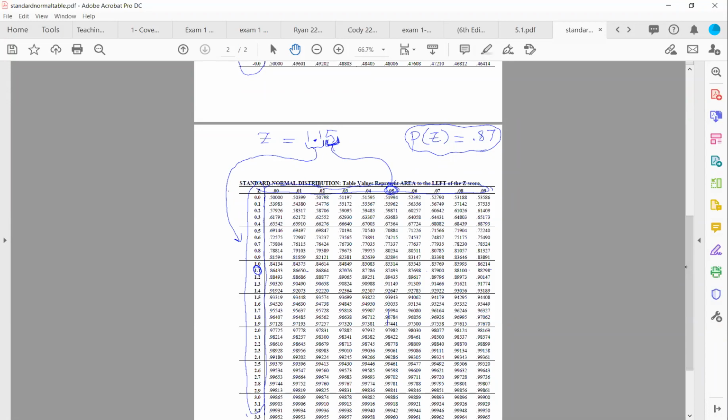The intersection between these two is your area or probability. So the probability of Z equals 1.15 is 87%, or the area to the left is 0.87.